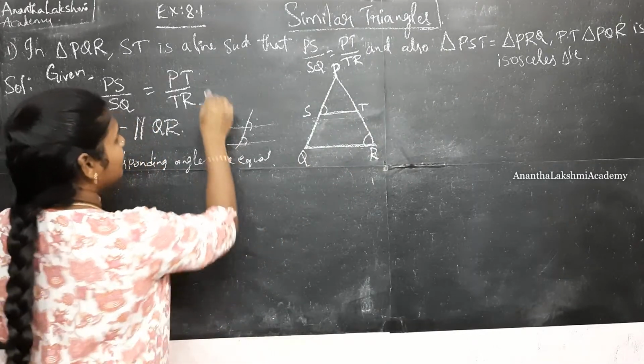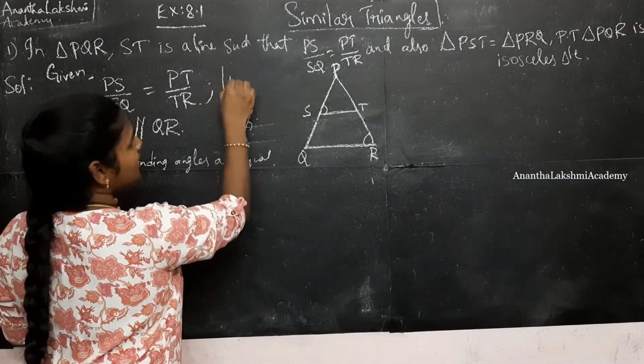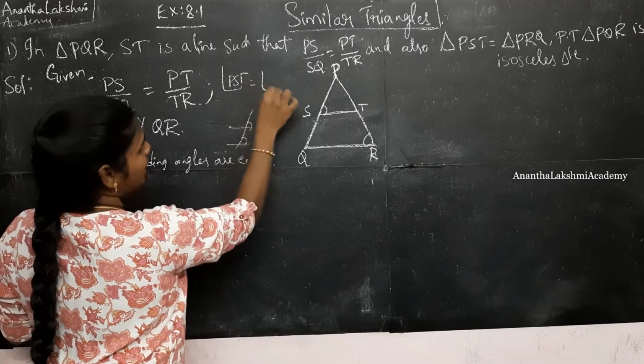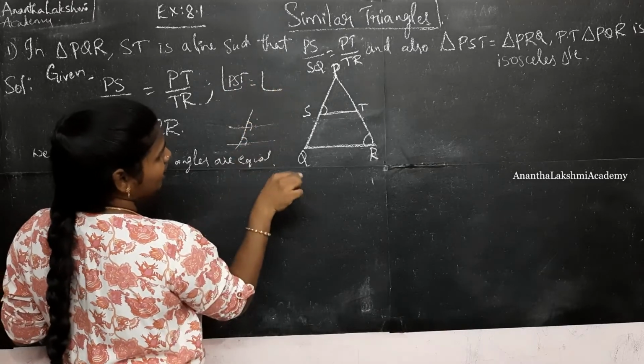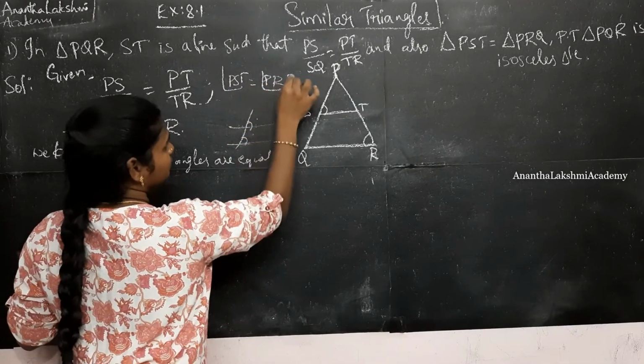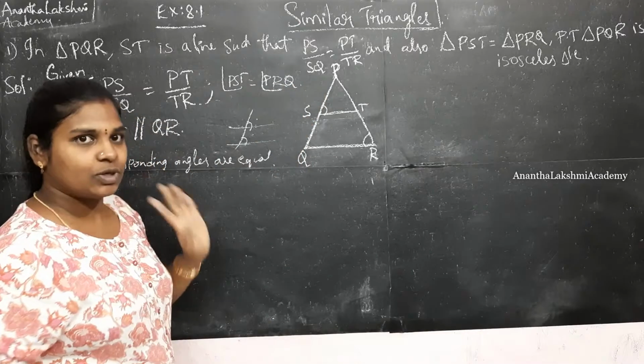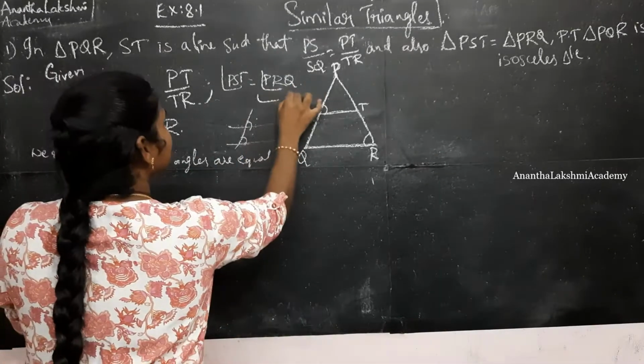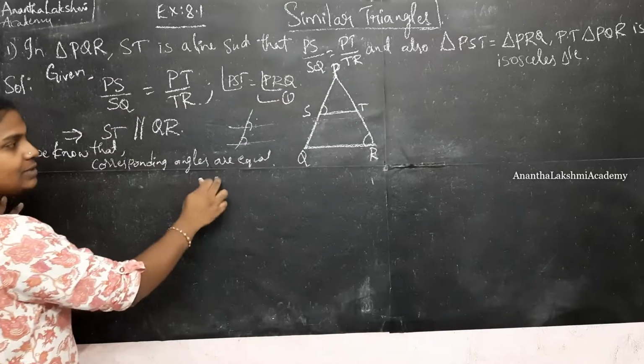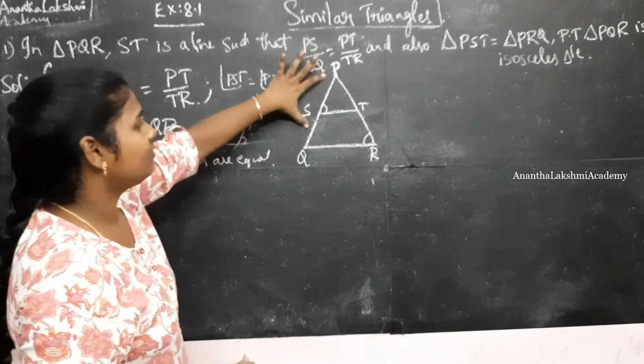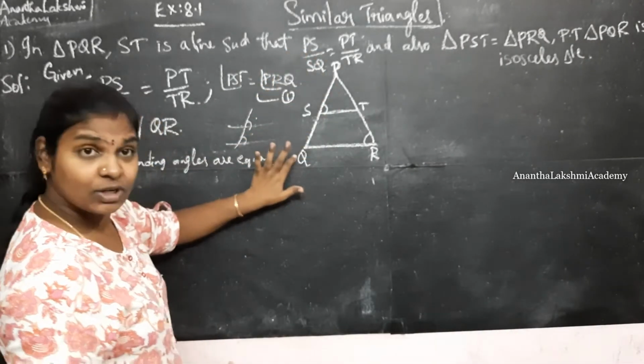That is given in the diagram itself. So angle PST is equal to angle PRQ, isn't it? That is what is given. So let me consider this as equation 1. Now that I am saying corresponding angles are equal, which means PST is also equal to PQR.